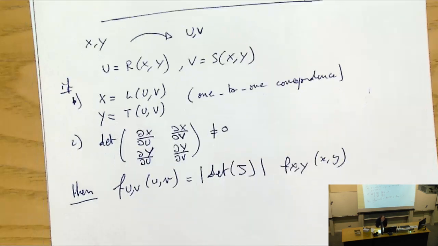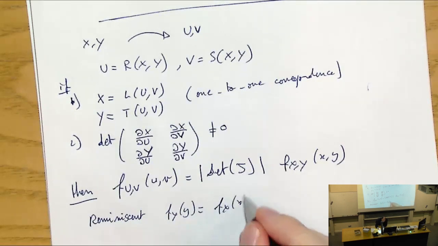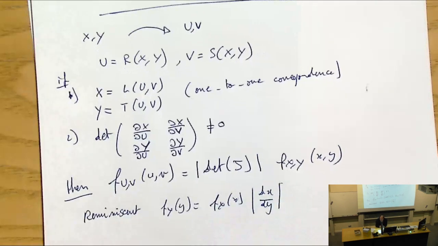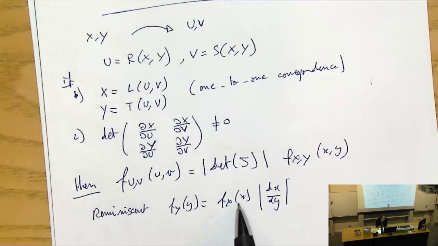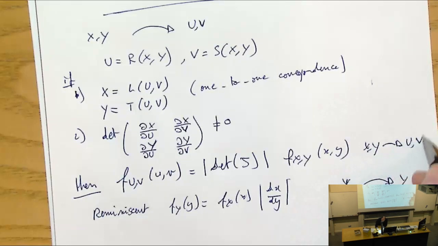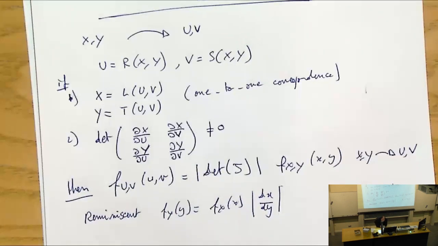This is reminiscent of the expression I wrote a few lectures back, and we have used this quite a bit. Remember when we had a one-to-one relationship between x and y? In that case, we had one random variable x all the way to y. Here we have now x, y all the way to u, v. So this is actually a more general form than that one.